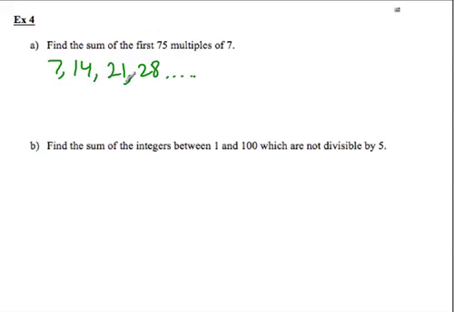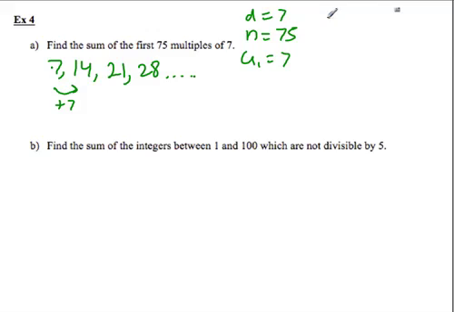Now we don't know the last term, so we have to use the first version of our formula. We know that the common difference is 7. So we have d equals 7. The first 75 multiples, so n is going to be equal to 75, and of course u sub 1 is equal to 7 because our first term is 7.